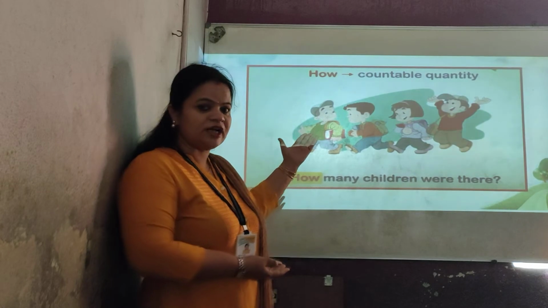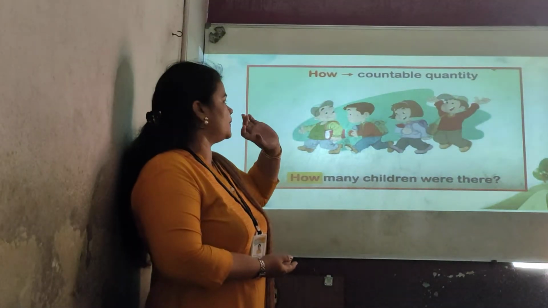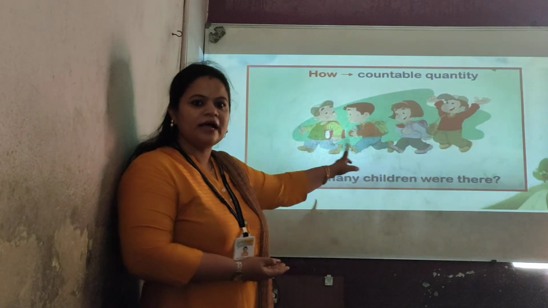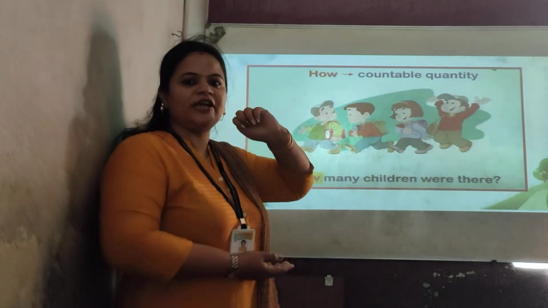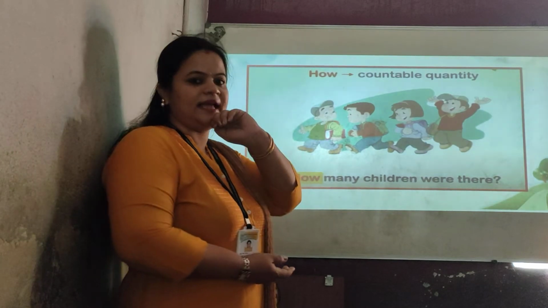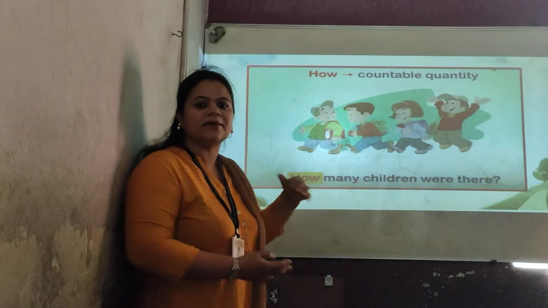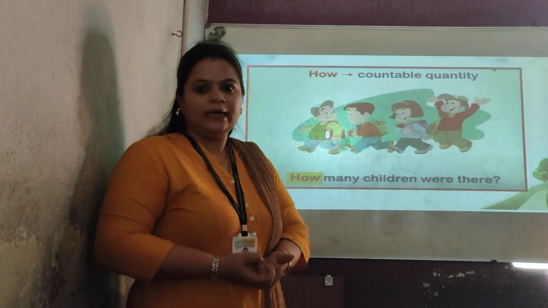We can count these children. Yes. 1, 2, 3, 4. Now, how many children were there? There are 4 children. Yes or no? So how many we use to ask about countable things, countable nouns.